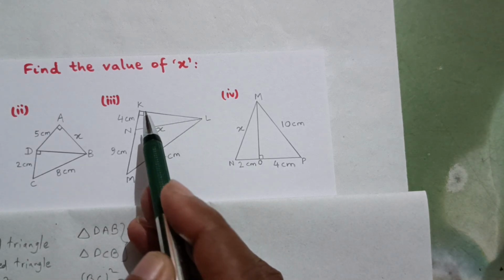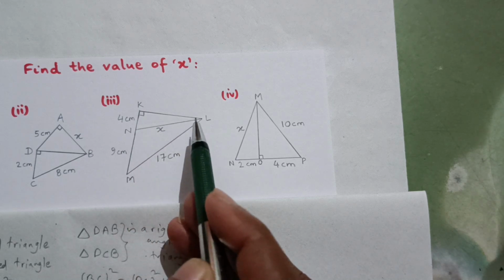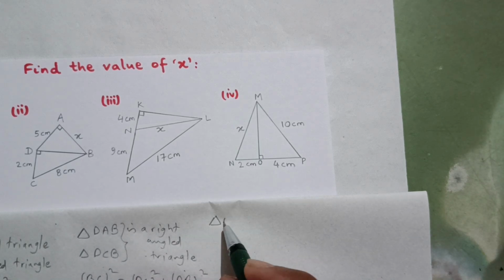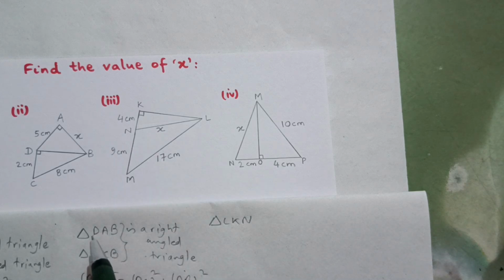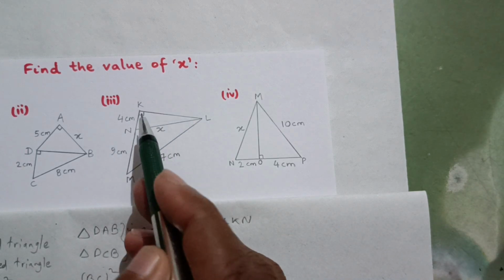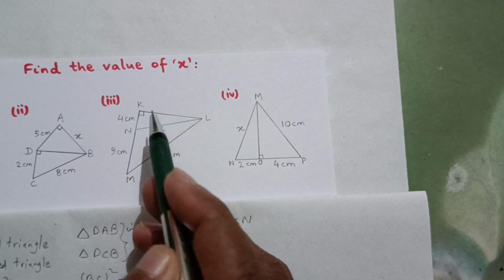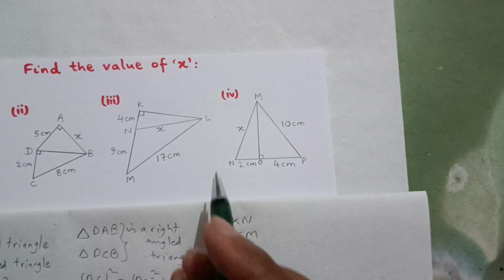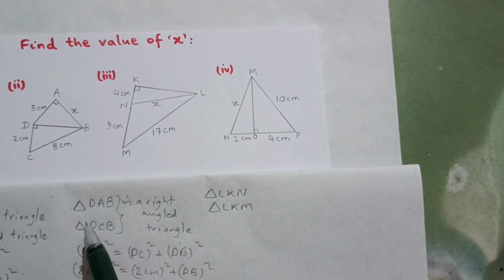One is triangle LKN, this small triangle. And another triangle that I will take is the large or the entire triangle, triangle LKM.